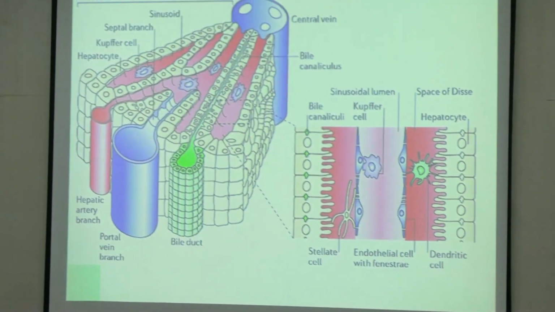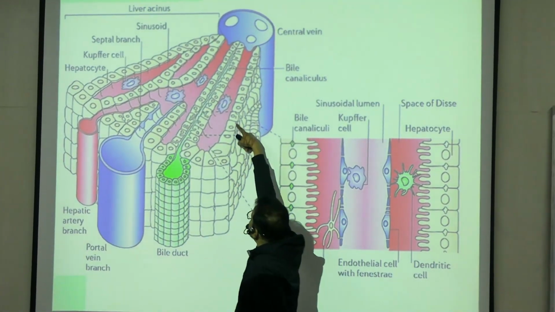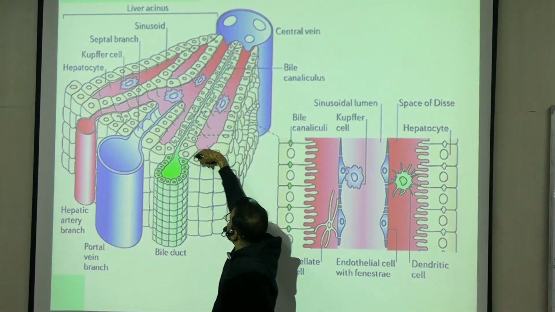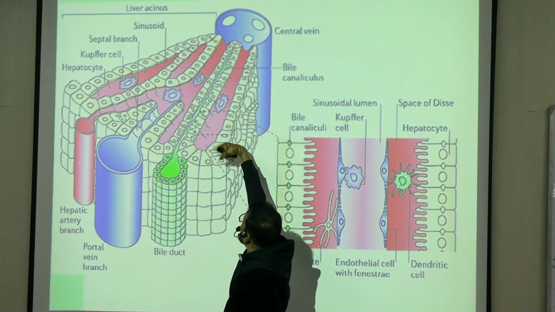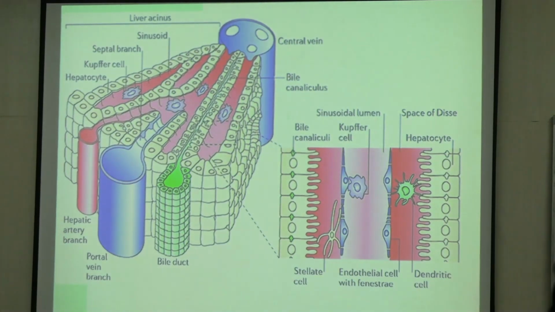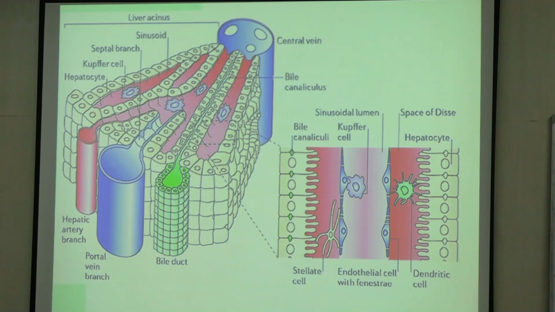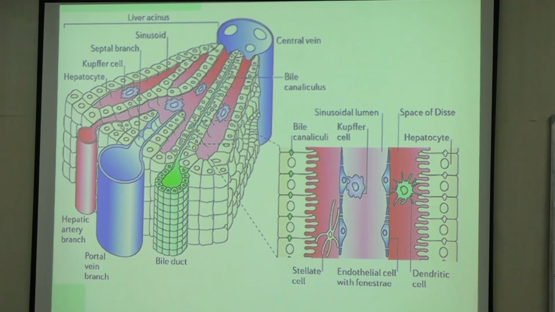More detail. What are these? Radiating columns of hepatocytes. What are the cells of the liver? What is the name of the liver cell? Hepatocyte.